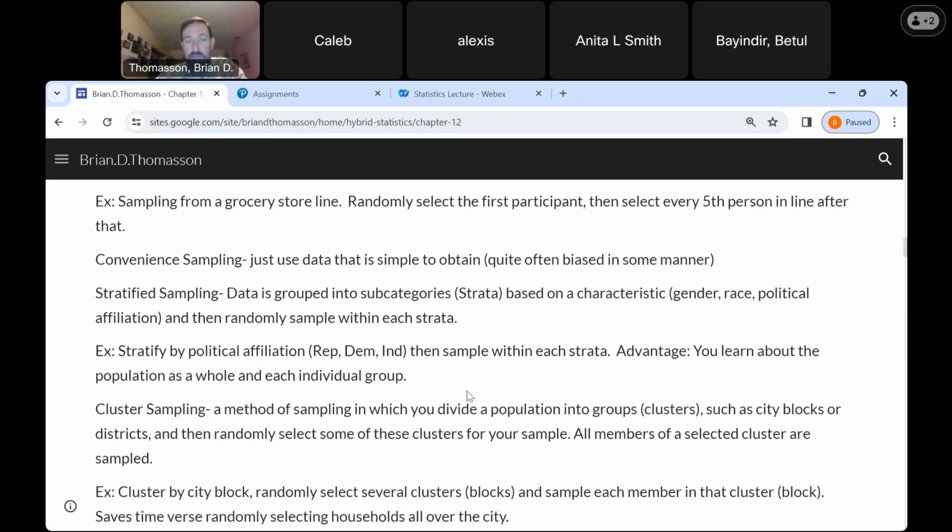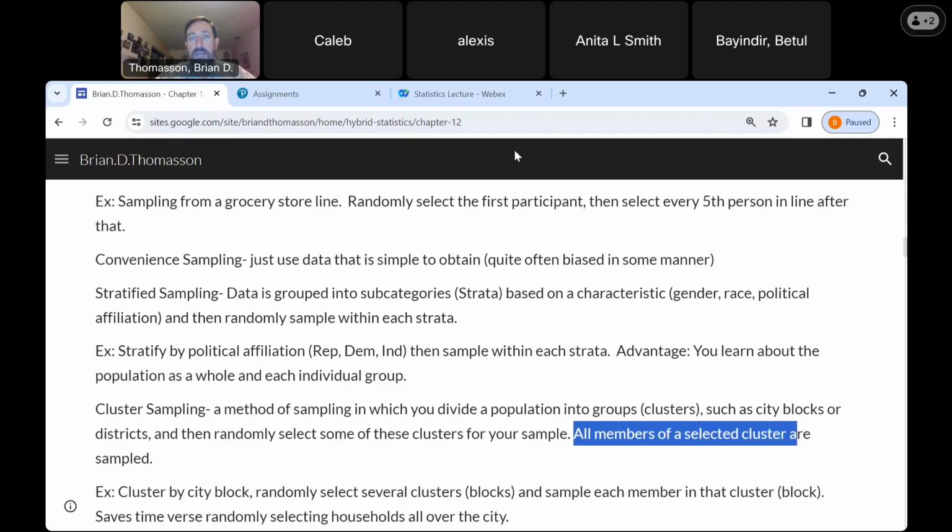Cluster sampling is a method in which you divide the population into groups or clusters, such as city blocks or districts. So we're grouping areas, whether by zip codes, neighborhoods, or streets, and then randomly select some of those clusters for your sample. This is important: all members of the selected clusters are sampled.